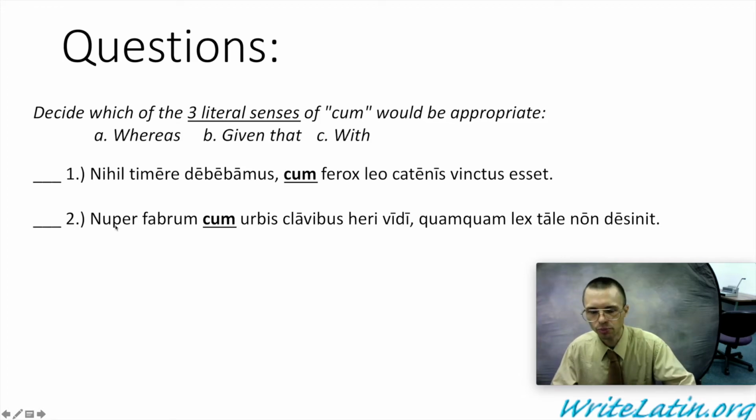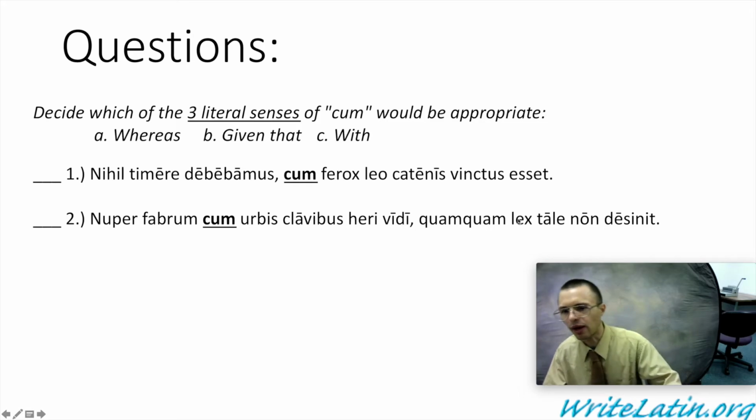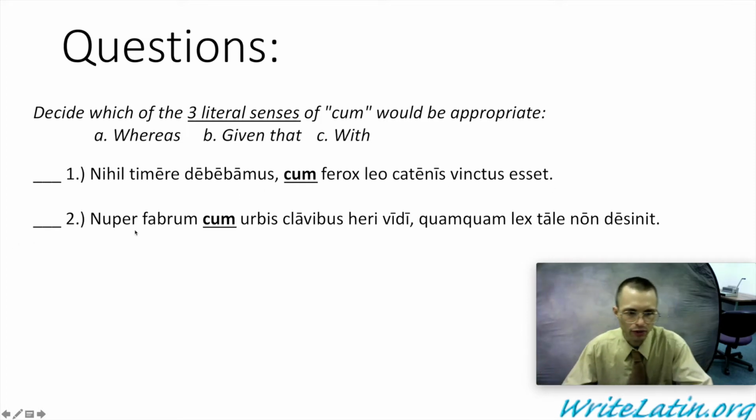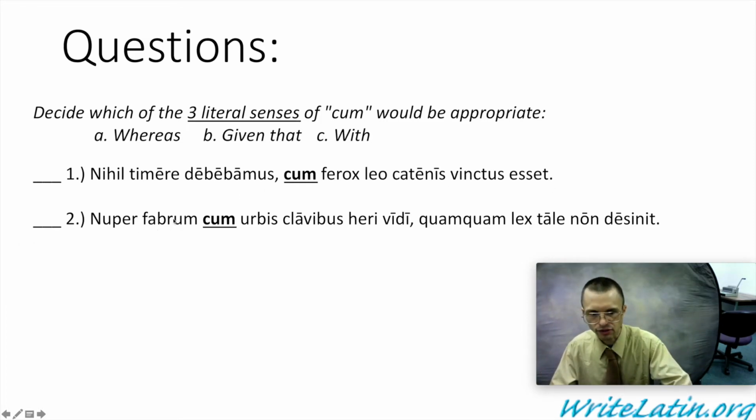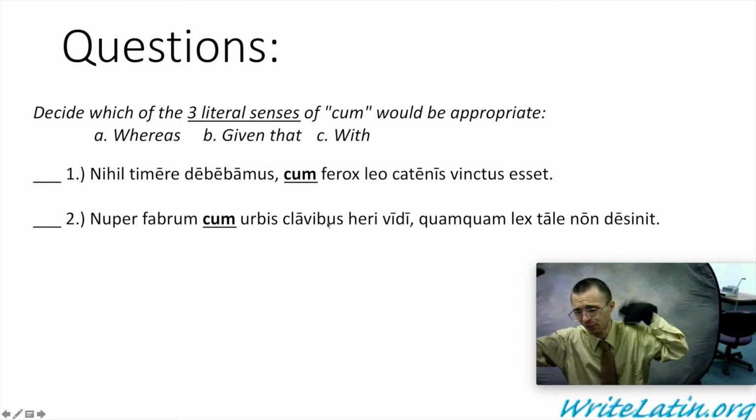Next one. Nuper fabrum cum urbis clavibus heri vidi, quamquam lex tale non desinit. All right, so recently, a craftsman with the city's keys yesterday I saw, although the law such does not permit. All right, so what usage of cum would this be? Well, obviously it's cum clavibus, cum plus the ablative. So this isn't even a cum clause at all.